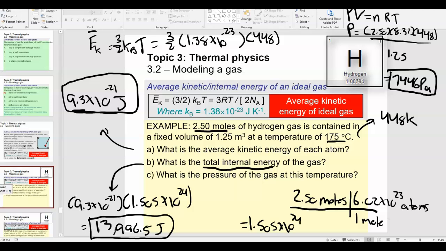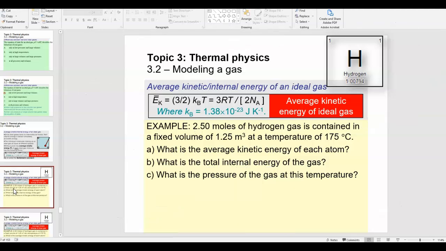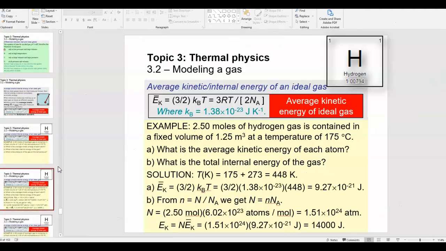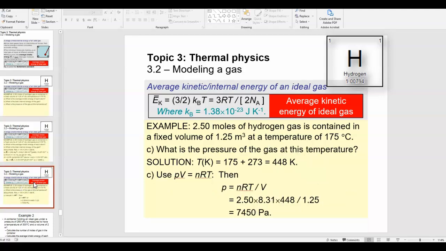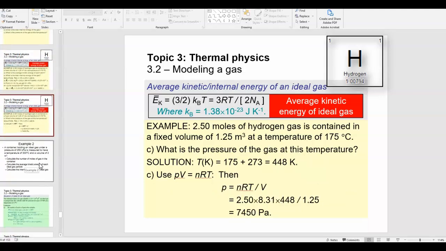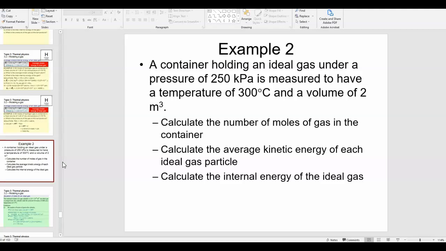All right, so I'm going to erase this, and you're going to try to do one of these on your own. This is just the work for the problem that we just did. So take a look at example 2.